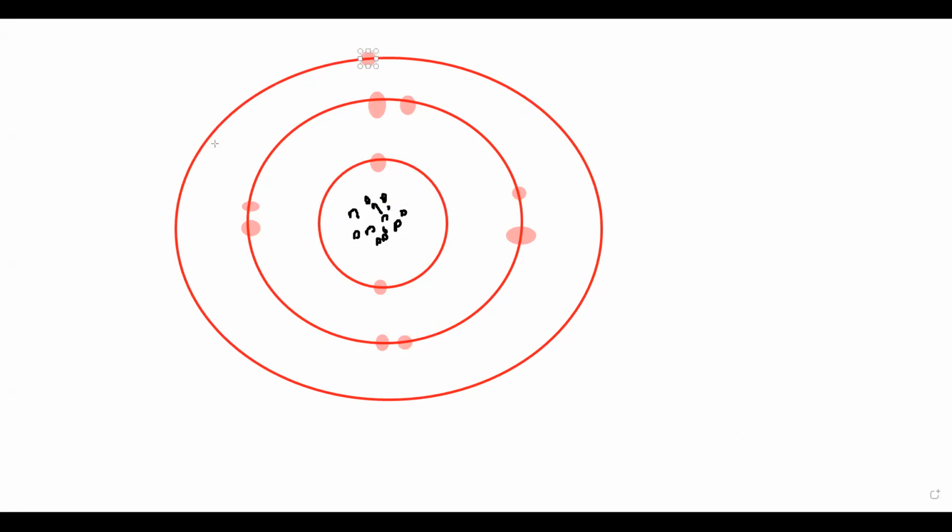So what is the meaning of ionization? The term ionization refers to the capability of these radiations to knock out an electron from an atom.